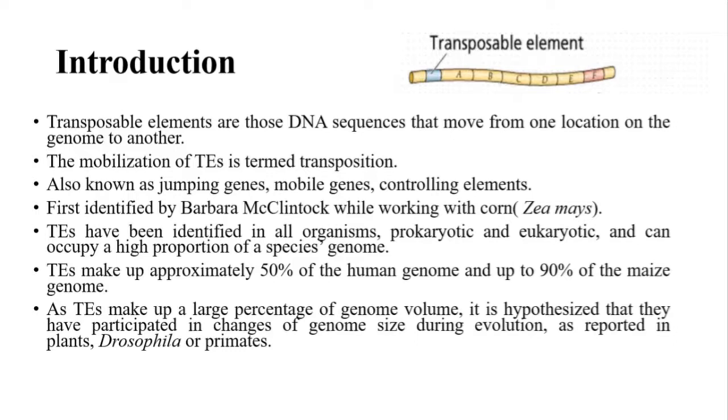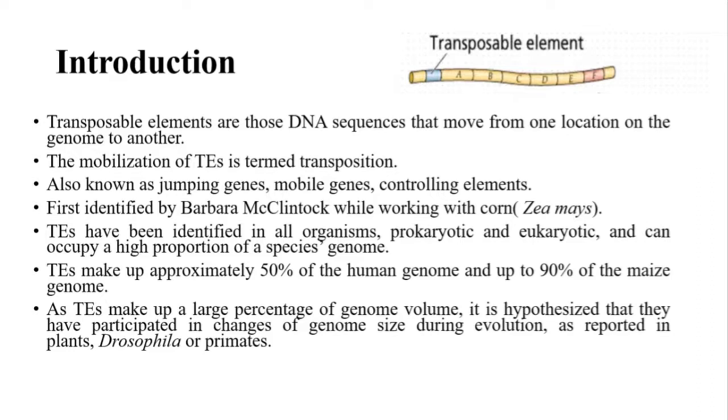For the very first time, these elements were identified by Barbara McClintock while working with the corn plant. Next, transposable elements are identified in almost all living organisms, whether prokaryotic or eukaryotic, and they are present in very high proportion in a genome.